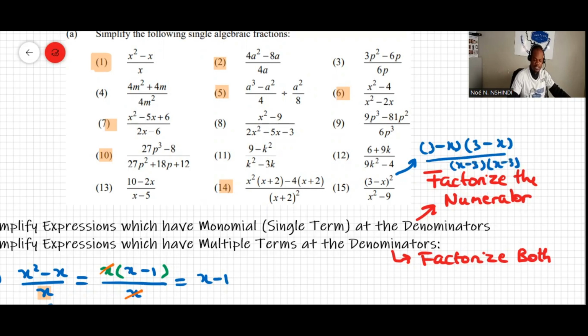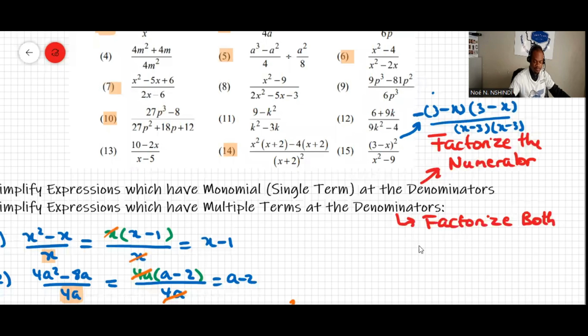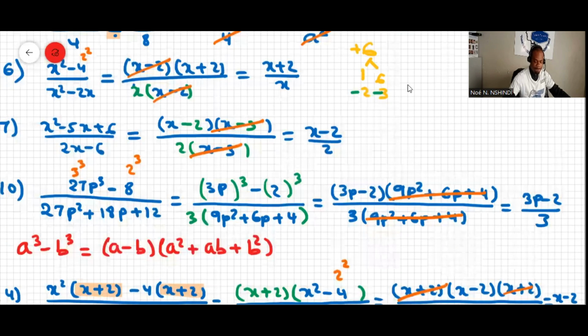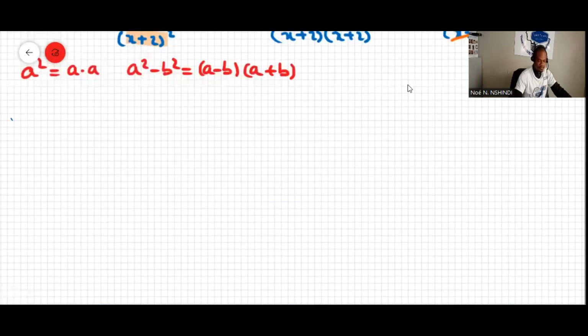You may say that we cannot simplify here. Yes, we can if we switch, if I put a negative sign here and then switch the sides. Maybe let's do this. Question 15 will be 3 minus x raised to the power of 2 over x squared minus 9.